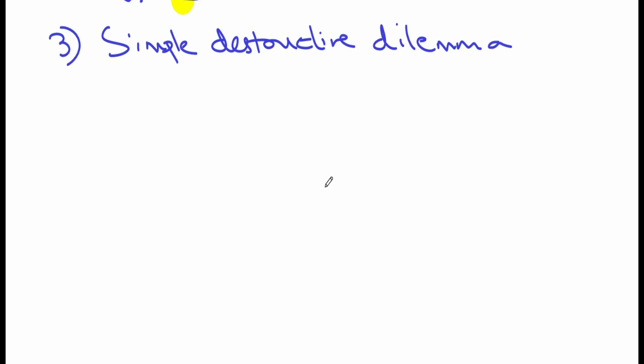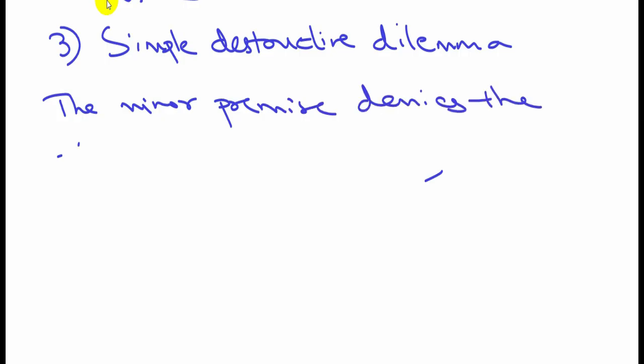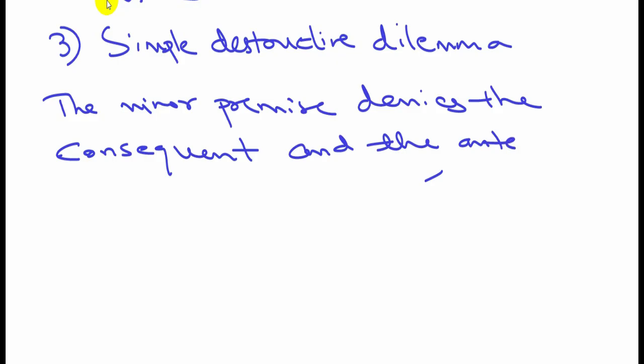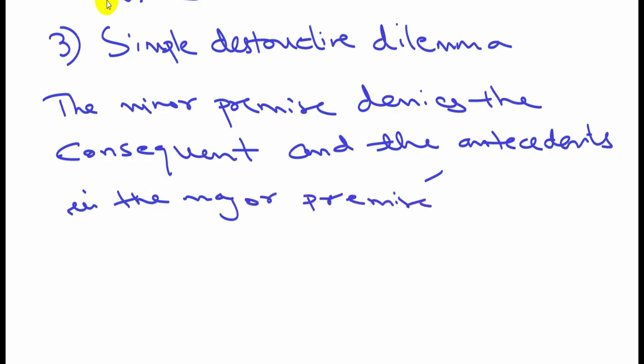It states that in this form of dilemma, the minor premise denies the consequent and the antecedent in the major premises are identical, or common. So this would be like this.